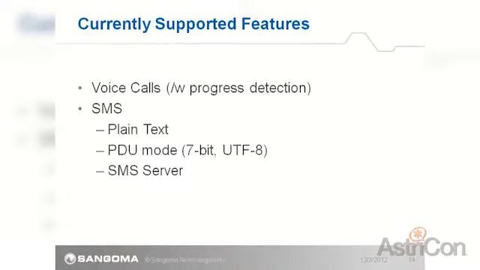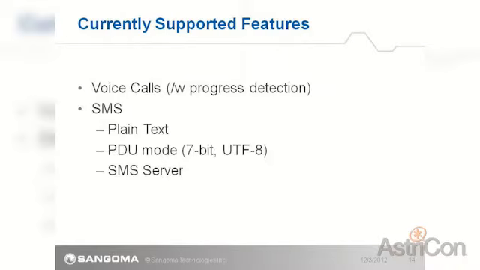Out of the current features that we have with LibWAT right now, we support voice calls, regular voice calls like making a call, which is what Asterisk is used for. We also have the ability to do progress detection. So there's a way to poll the status of a call to see if the other side is already ringing, or if there's media ready, the same way there's progress and alert in PRI, or a 183, for example, for SIP.